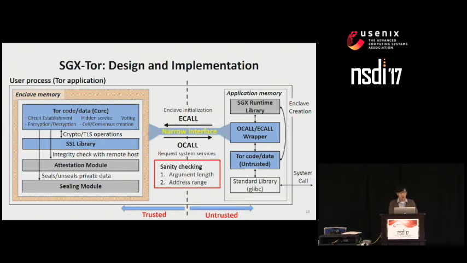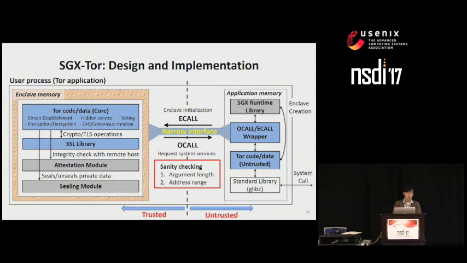For each OCall, SGX-Tor performs sanity checking to validate the length of pointer variables and their address range. It prevents potential threats by a malicious operating system, such as providing bad return values in system calls. In addition to providing the narrow interface, we harden the interface.